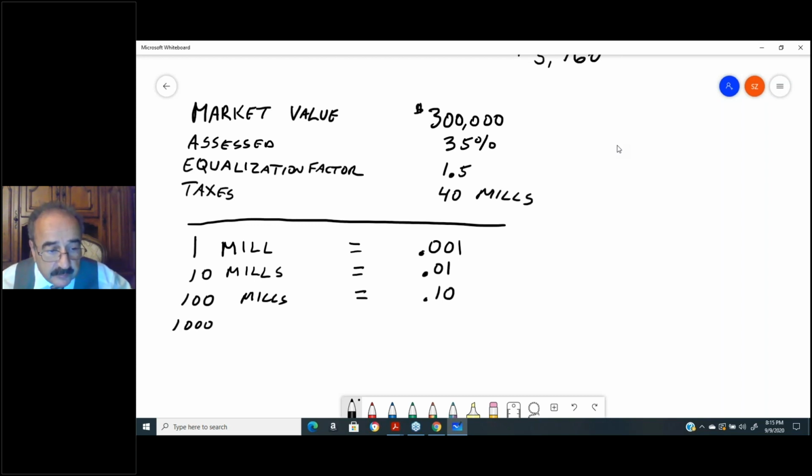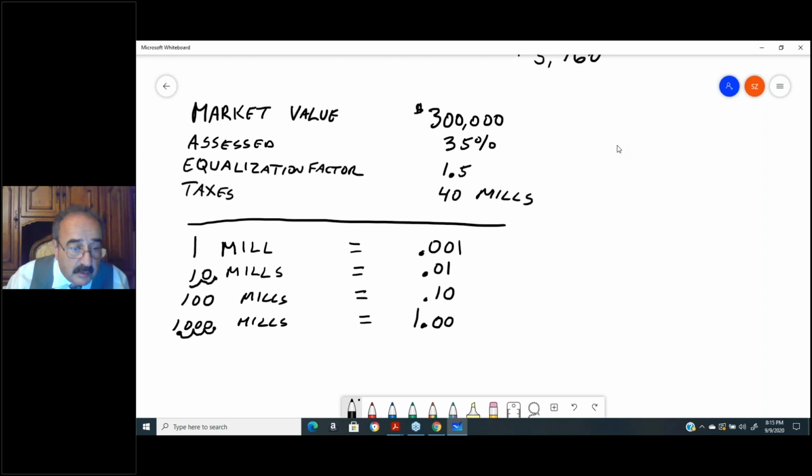And 1,000 mils equals $1. Now, let me show you this. Anytime you see any mill problem, no matter what the number is, say it's 1,000 mils, you put a decimal point at the end and move it 3 places to the left. 1, 2, 3. Becomes $1. 10 mils, decimal point, move it 3 places to the left. 1, 2, I have to bring in another 0, I have to move 3 places. 3 becomes 0.010, or 0.01, 1 cent, it doesn't matter.